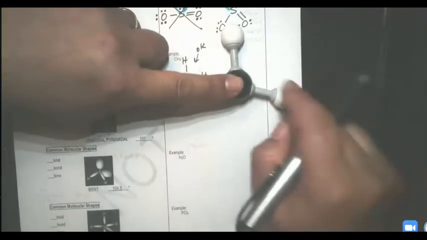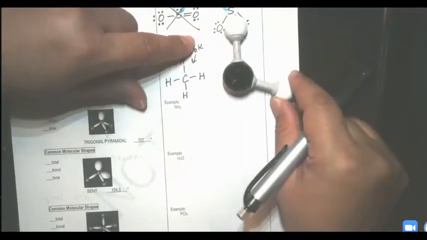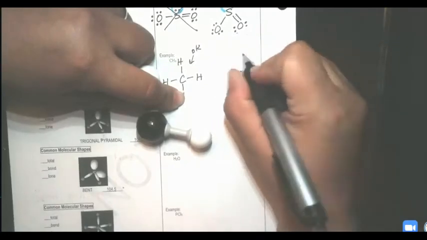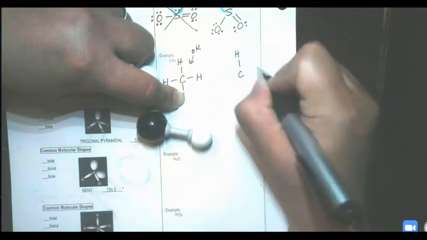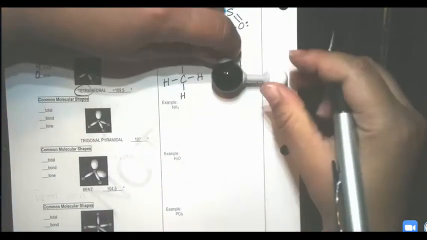But how would I draw this 3-dimensionally? Okay, I want to show you how to do that, but I first have to take apart the actual molecule. So here, notice how there's 3 things flat. So the way that I would do that is I'd put my carbon in the middle, 1 H there, and 1 H here. So that would be that part.